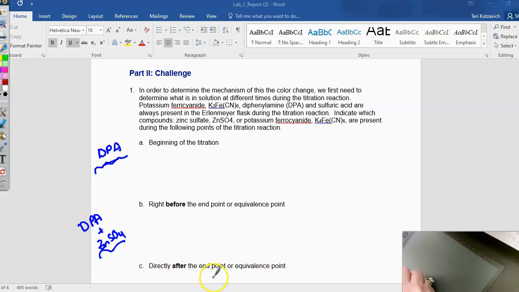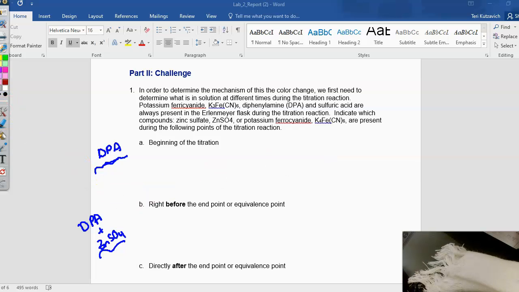Or is it C, after she adds the perfect amount of DPA, zinc sulfate, and potassium ferrocyanide? Is that when it's blue? One of these is right. And then just do a short explanation of what your proposed mechanism is.